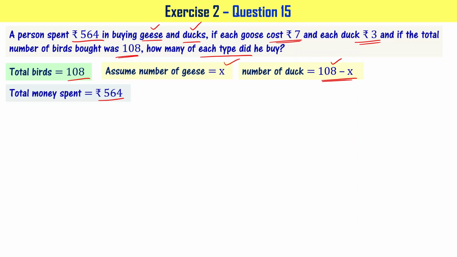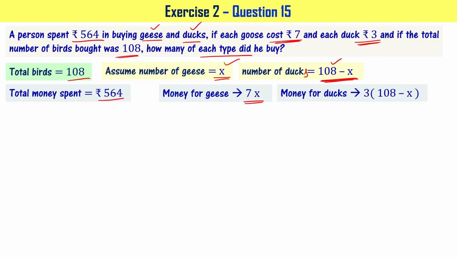And he bought, let's say, X geese and each goose costs 7 rupees. It means the total money he spent on geese is 7 times X, right? Similarly, he bought 108 minus X number of ducks, right? And each duck costs 3 rupees. It means the money spent for ducks is 3 times 108 minus X, right?